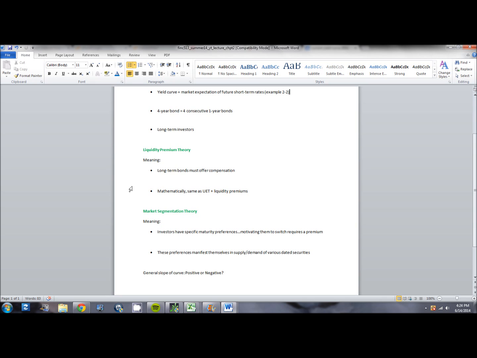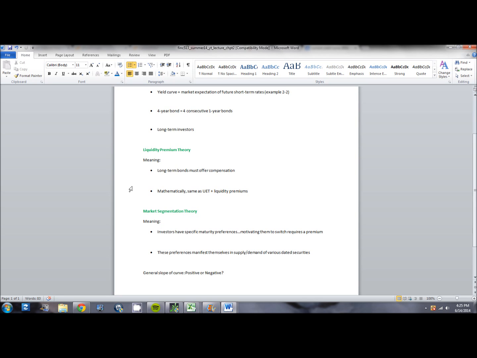Okay? Now, that bullet point in and of itself is not super clear in my opinion. So, to take that one step further, these preferences, these desires that investors or financial institutions have are actually going to manifest themselves in the supply and demand of various dated securities. Okay?